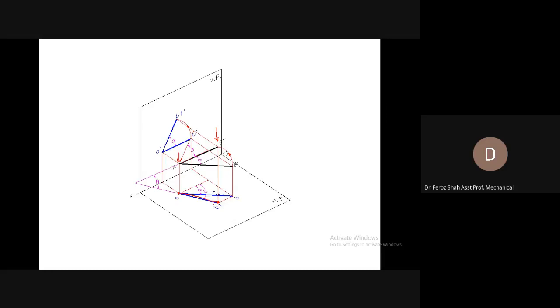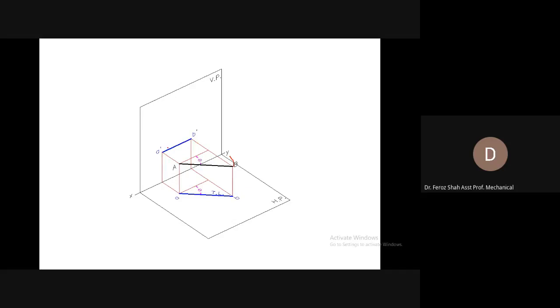Now AB1, as you can see, is shorter than the true length of the line. So initially, when the top view was the true length, it was appearing with an angle phi.